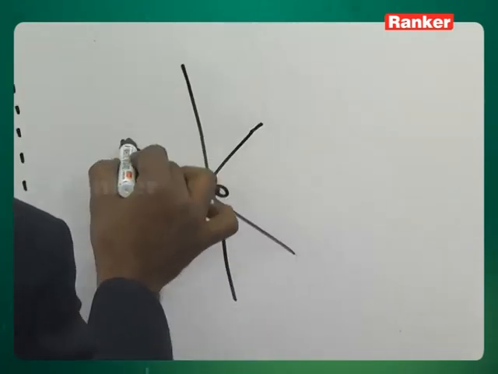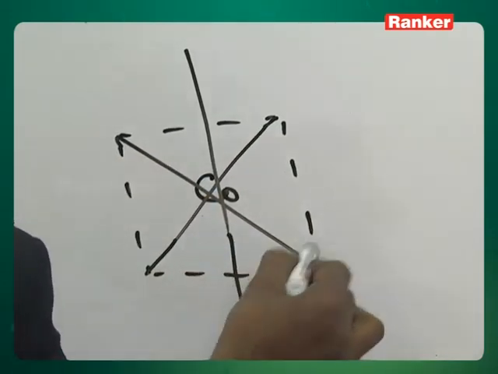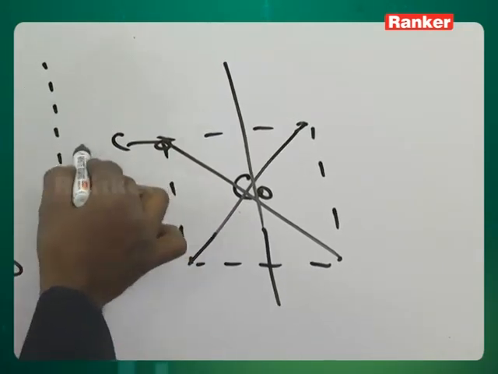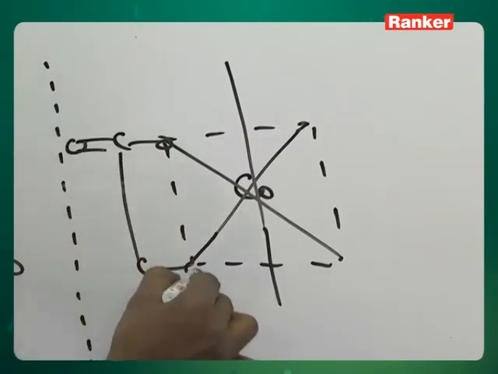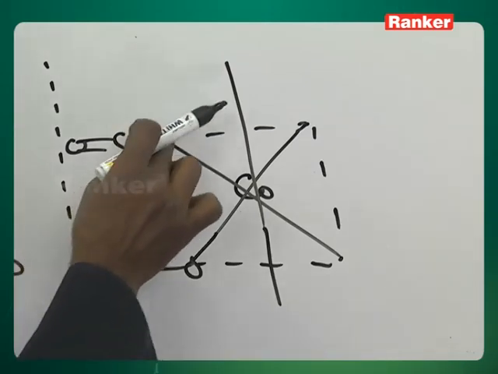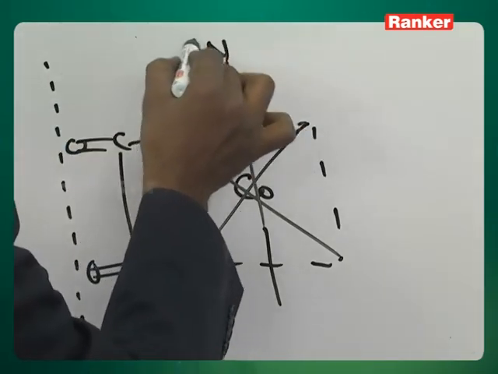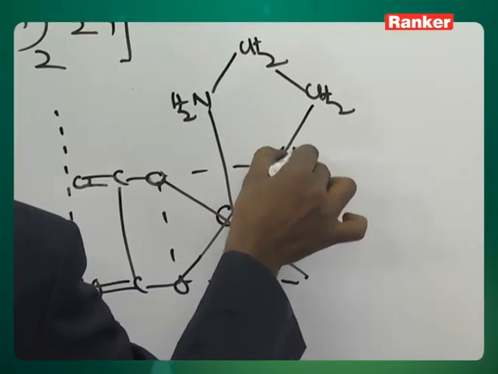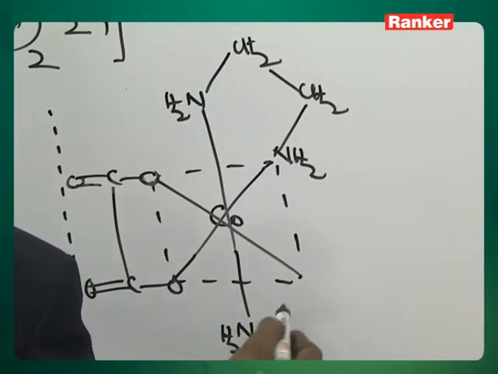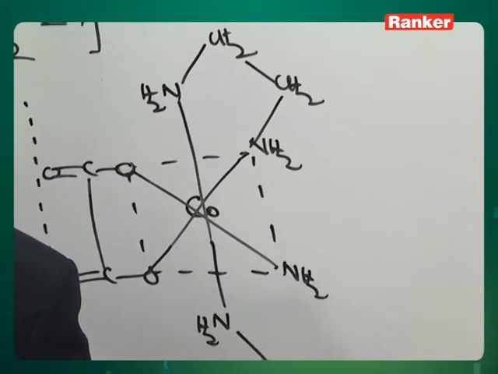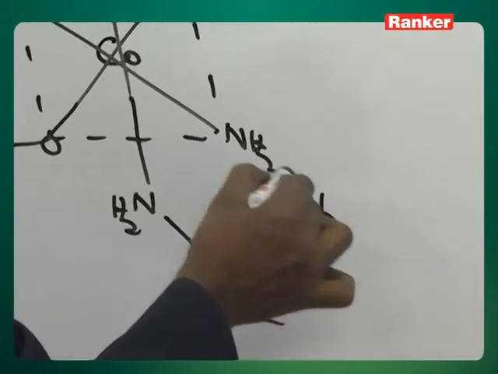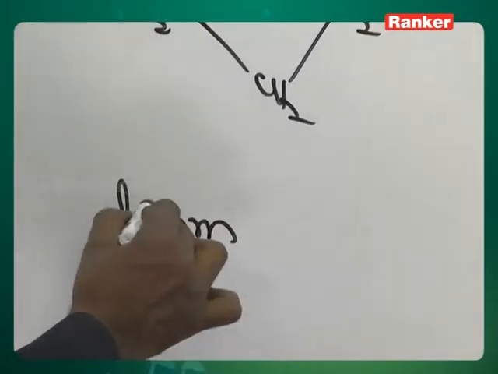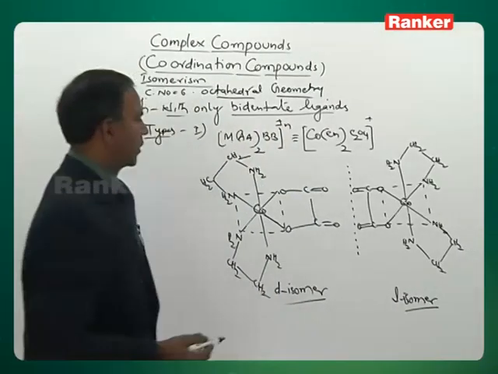One is D, the other is L. Take one is D, the other is L isomer. One is D isomer, L isomer.